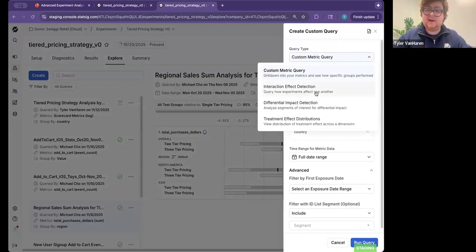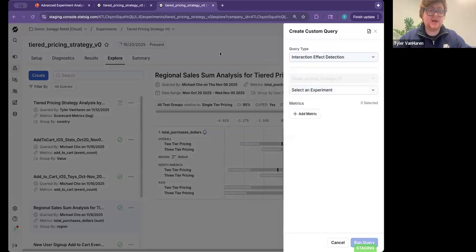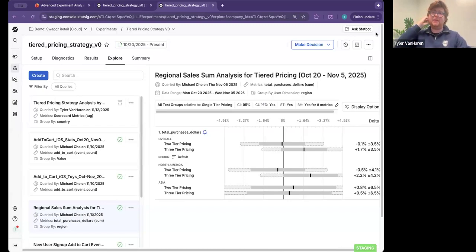In particular, one of the cooler ones we have is this interaction effect detection. This is a way for you to take two experiments that happened at the same time and did have overlapping users and actually test that hypothesis of whether there was an interaction effect. I think interaction effects in general are one of the things that we find people are the most scared of, where we don't necessarily think they need to be as scared of them.